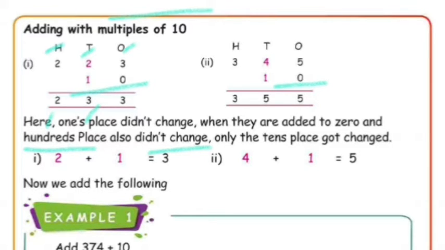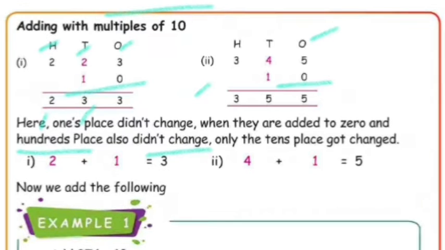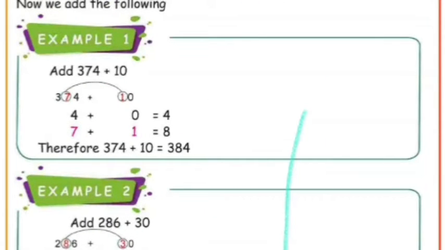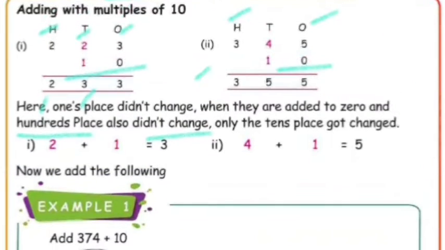In the same way in this sum also, 345 we have to add 10. The place of ones and the place of 100 did not change, only a change in the place of tens. For example, 5 plus 0 is 5, and 4 plus 1 is 5. And 3 as it is, because there is no digit to add.